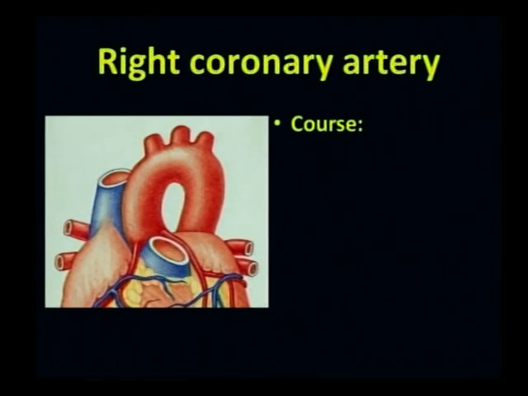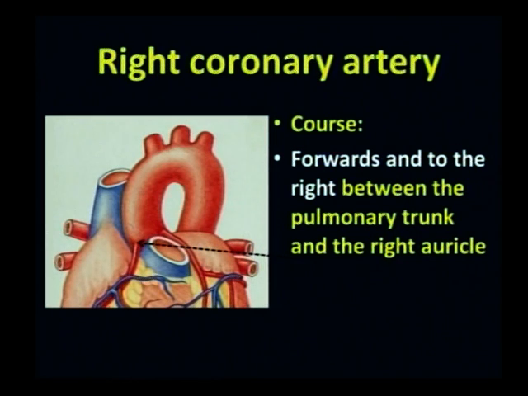The right coronary artery passes forwards and to the right between the pulmonary trunk and the right auricle. In this picture you are seeing the pulmonary trunk and the right auricle. This is the right coronary artery passing forwards and to the right.